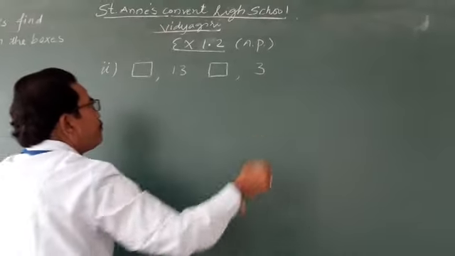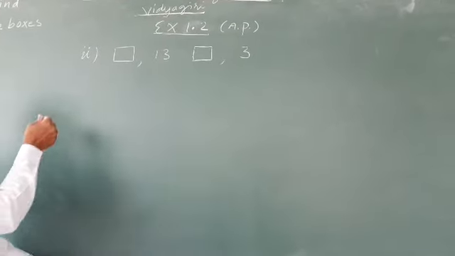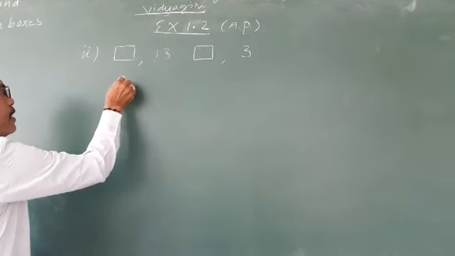Let us take the first one as A1, this one as A2, this one as A3, this one as A4. A2 equals how much?